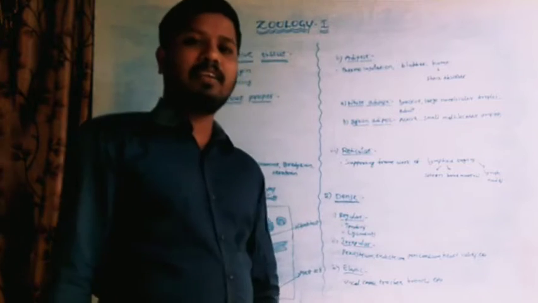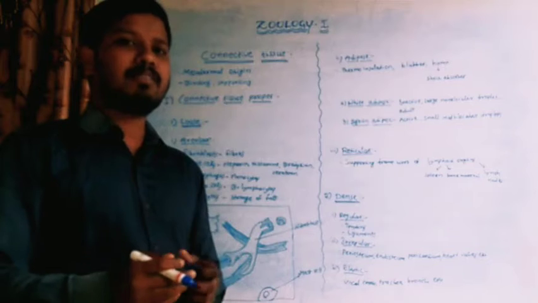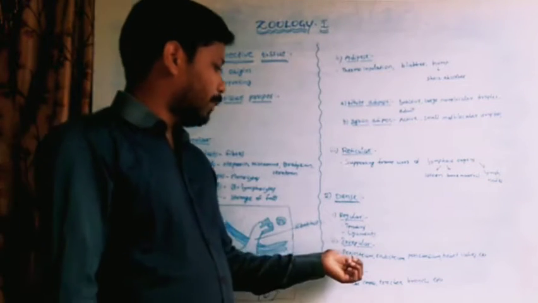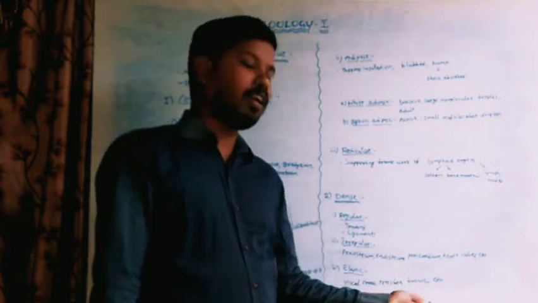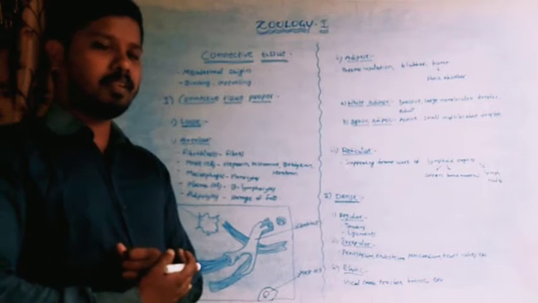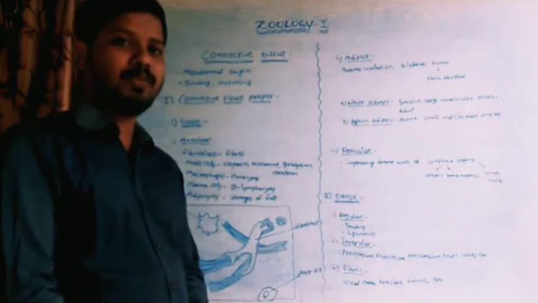Second one, irregular dense connective tissue. In this type of tissue, the fibers are arranged irregularly. Periosteum, endosteum, pericardium and heart valves, etc. are the irregular tissues. Third one is elastic dense connective tissue.